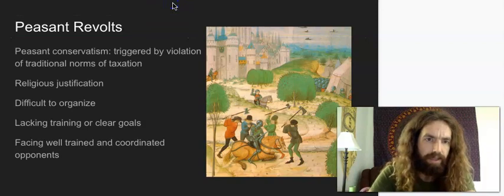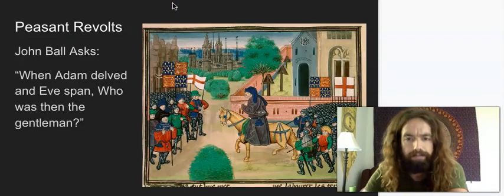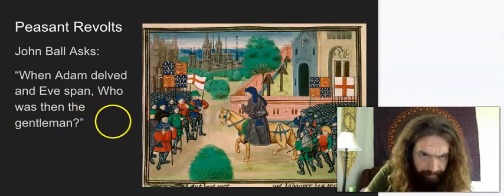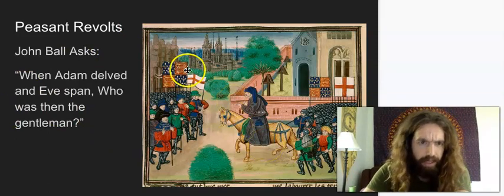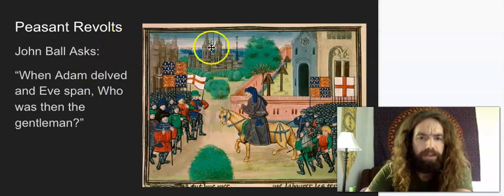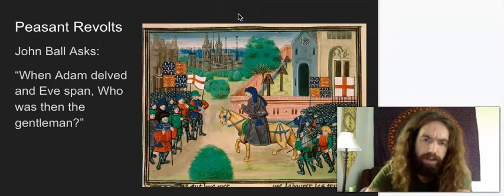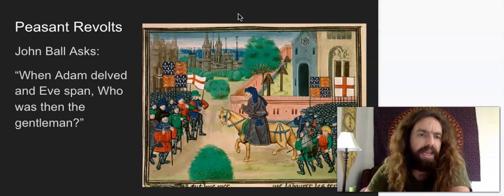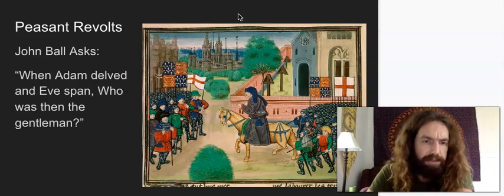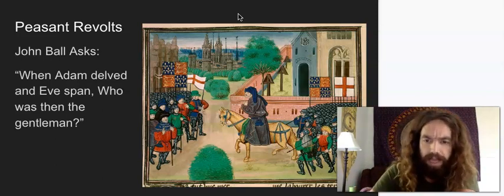Sorry, guys. Now, here's a picture of a peasant revolt and a very weird horse. The leader of the peasant revolt in England, or the most important peasant revolt in England, was a guy named John Ball. And the slogan for this peasant revolt was, I think, actually pretty catchy. They ask, "When Adam delved and Eve span, who then was the gentleman?"